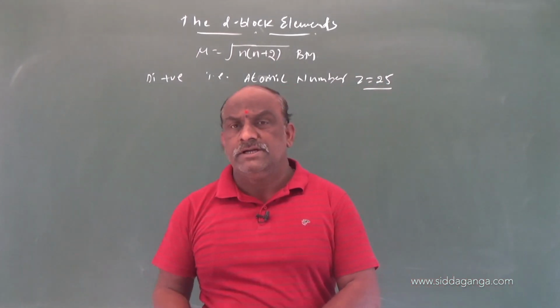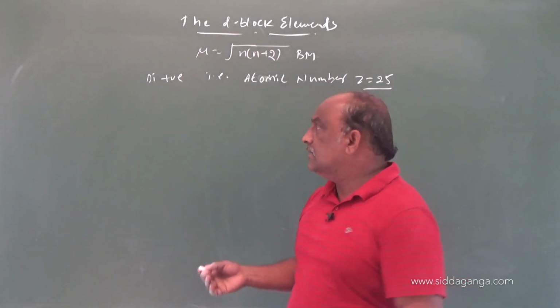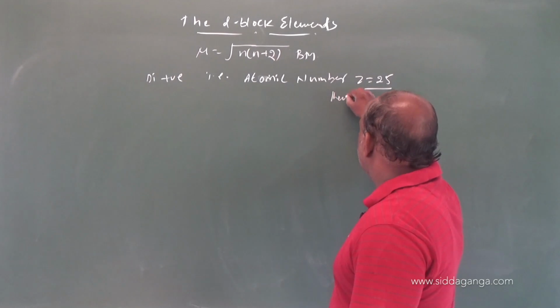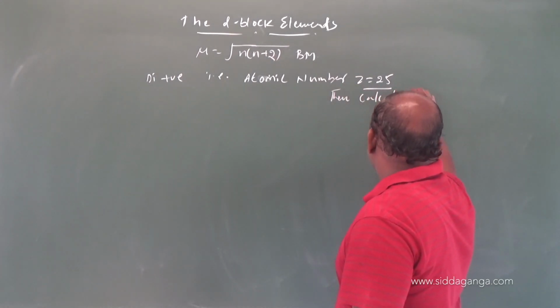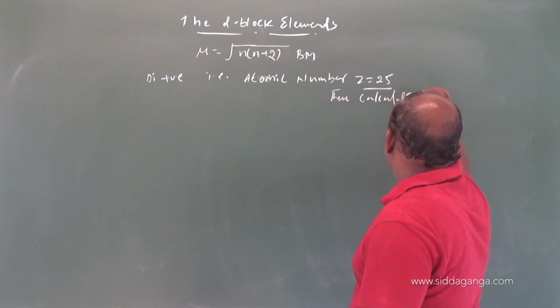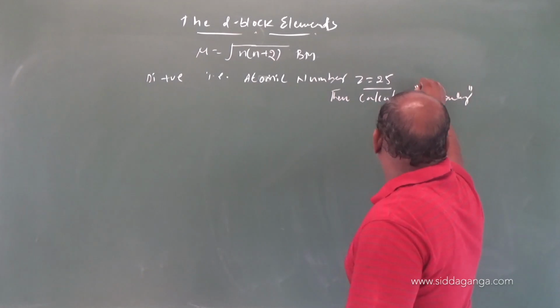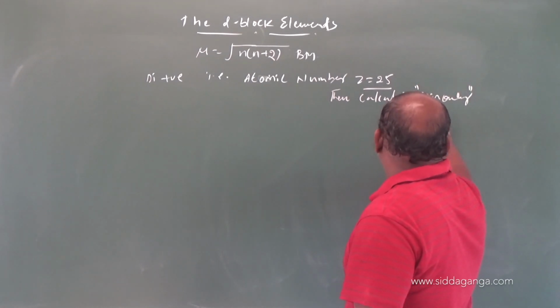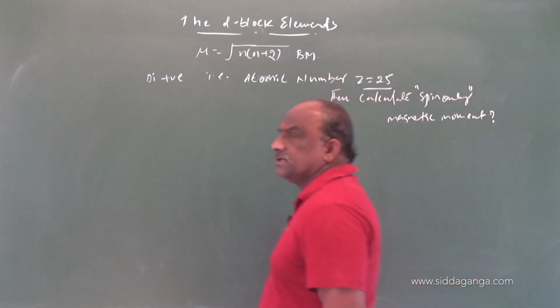This atomic number Z equal to 25 can form a dipositive cation. Then what? Calculate the spin only magnetic moment. This will be the question, my dear students.